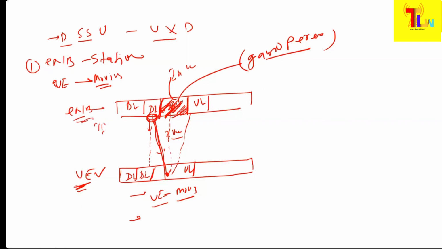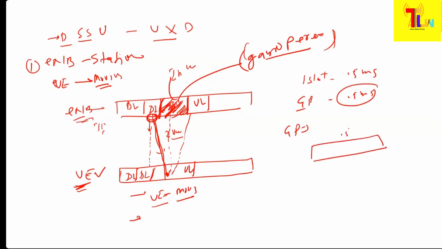But the guard period is not that long. One slot has 0.5 millisecond, but the guard period is not up to 0.5 millisecond. The guard period is very small. But yes, the guard period is required, and it is very important.